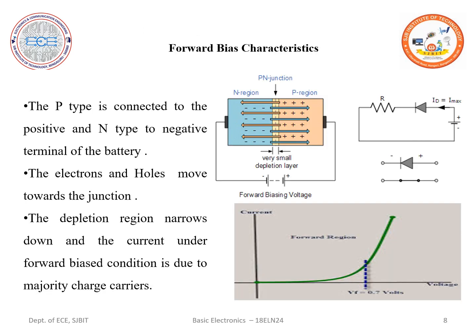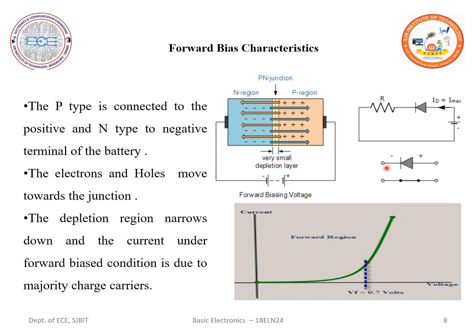Moving on to the next concept, we are going to study the biasing conditions of the p-n junction in two forms. One is the forward bias condition and the second one is the reverse bias condition. In the forward bias condition, the P region is connected to positive and the N region is connected to negative.